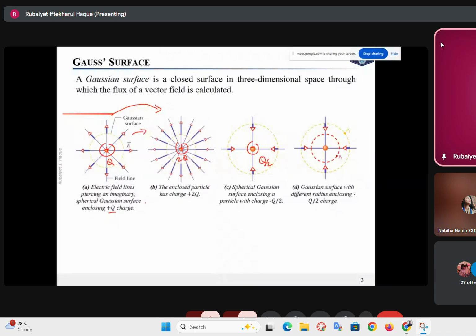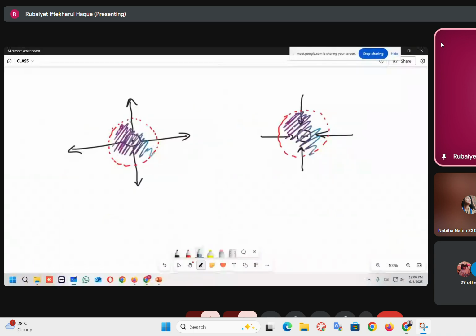For the first two, let's see. When you represent something on the Gauss surface, you already know the dimension of the Gauss surface. Here we are focusing on the spherical, symmetrical one. It can be any shape, but here it is spherical. We know the distance, r is the radius.